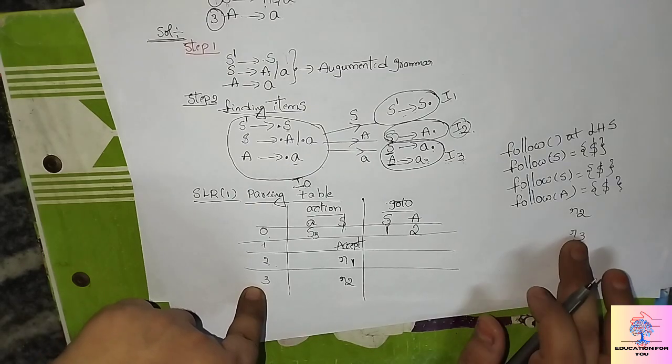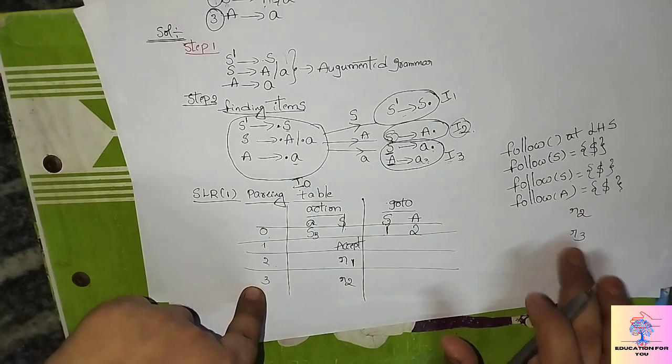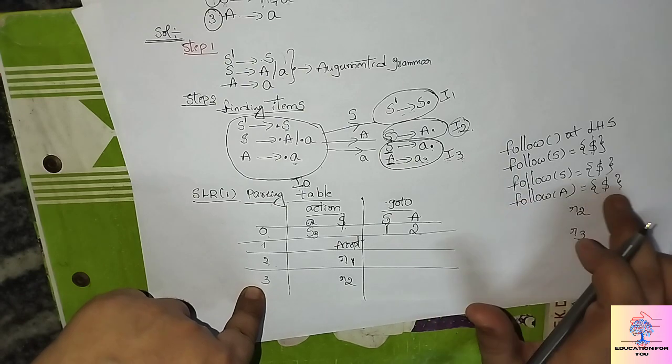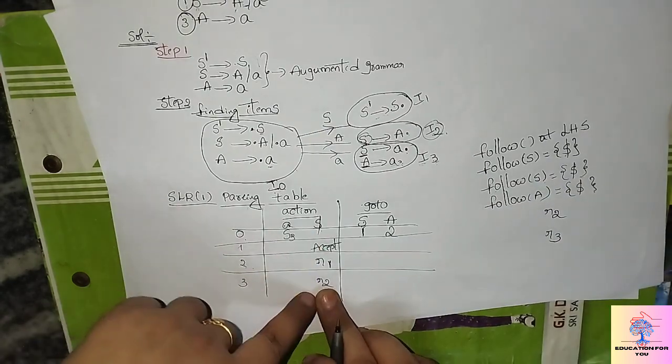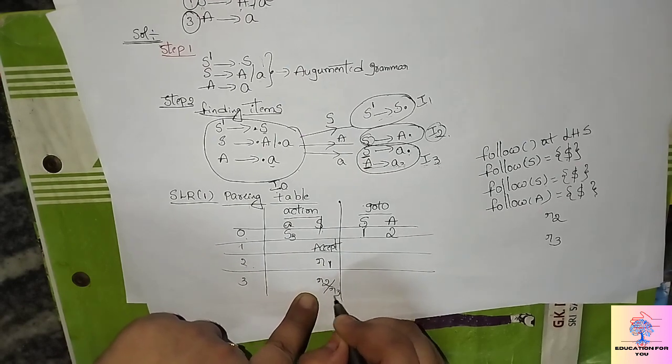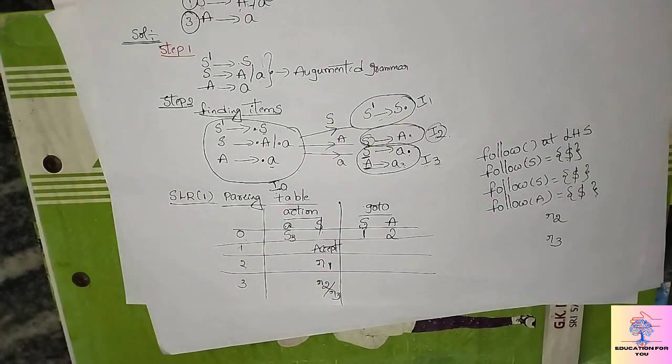Where you have to mention R3 depends on follow. Follow you got as $. So at the $ position you have to mention R3.